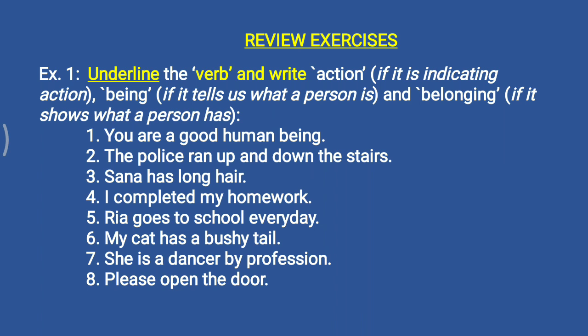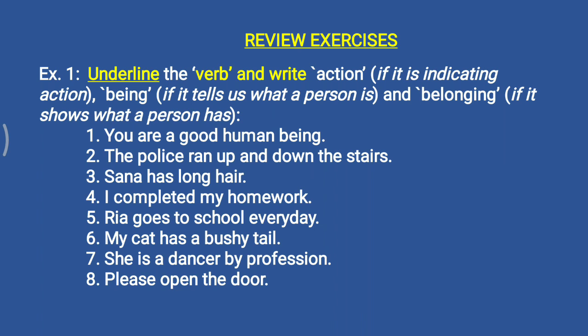Underline the verb and write action if it is indicating action, being if it tells us what a person is, and belonging if it shows what a person has. The first sentence is, you are a good human being. In this sentence, are is a verb and it shows being and it tells us what a person is.